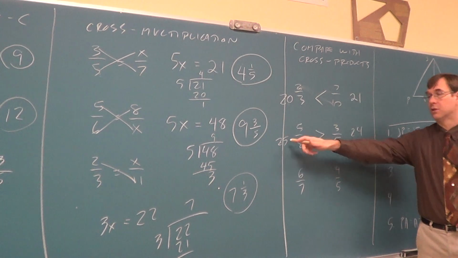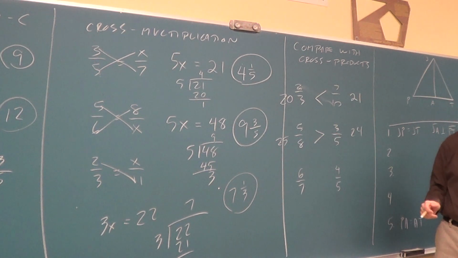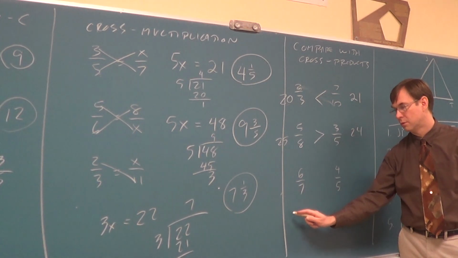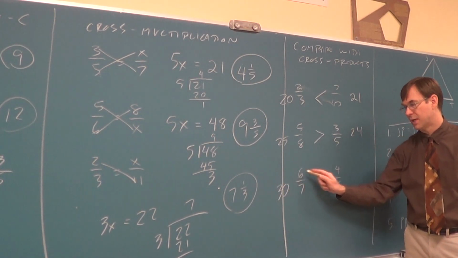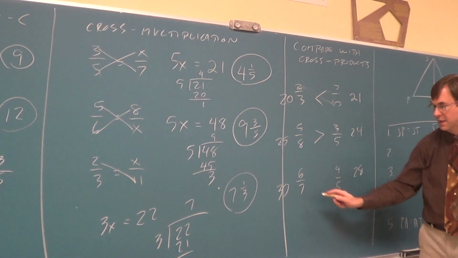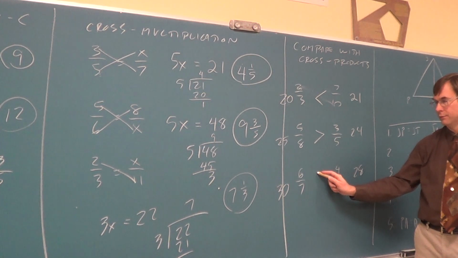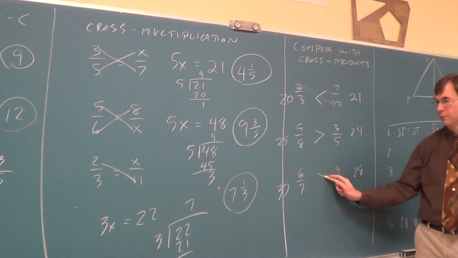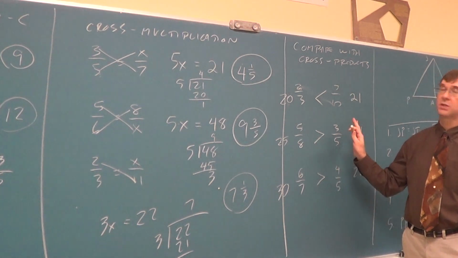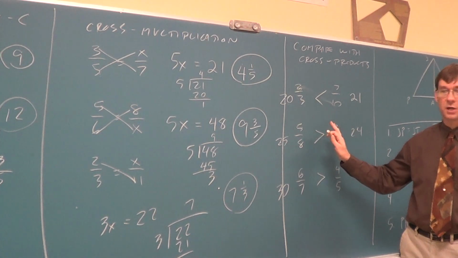Greater than, because 25 beat 24. So who's over here? 30. From 6 times 5. Who's over here? 28. 28 is 4 times 7. So, greater than. Good. Question about that? If you can remember it, that's the quickest way to compare fractions.